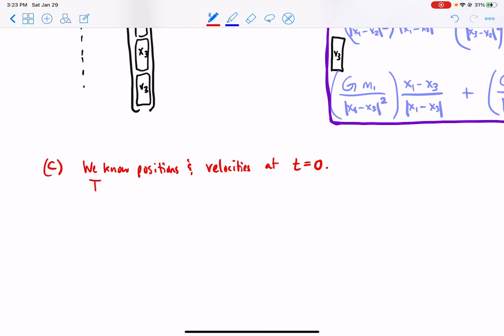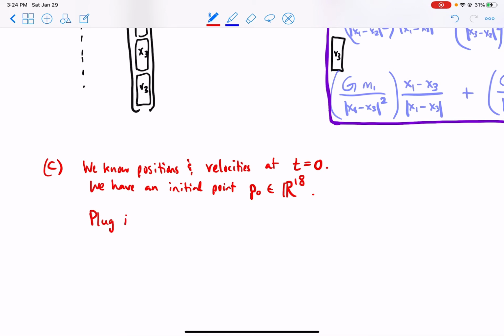This means we have an initial point. Let's call it P naught, P0, and it's in R18. It's the positions and velocities of the Earth, Moon, and spaceship.